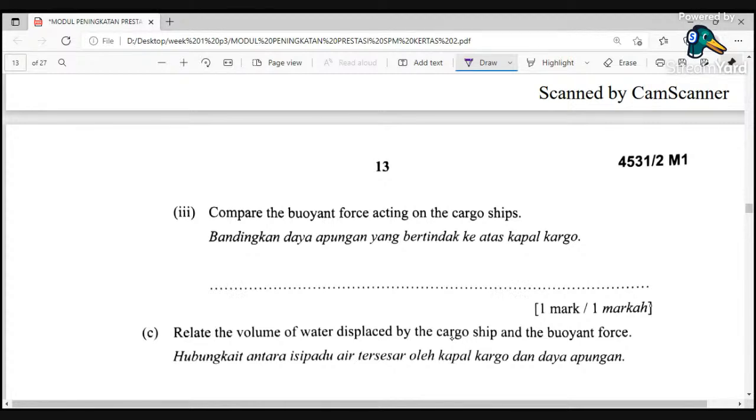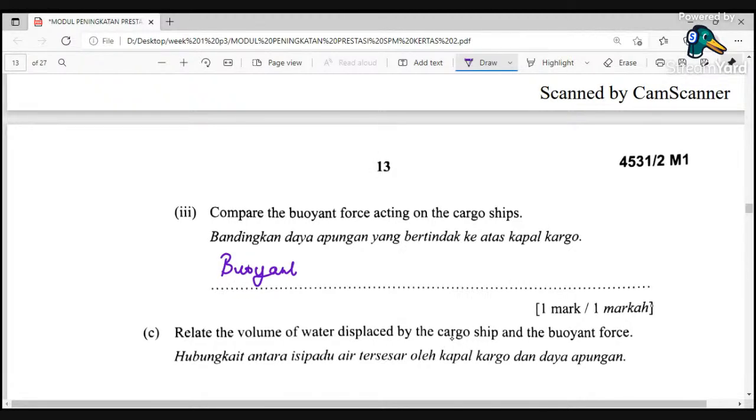So buoyant force of ship B is larger than ship A.